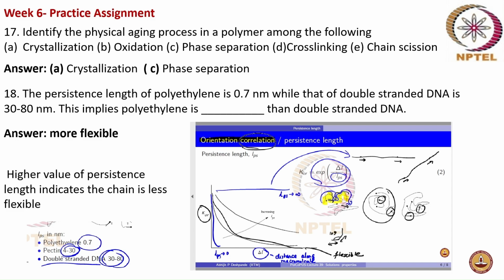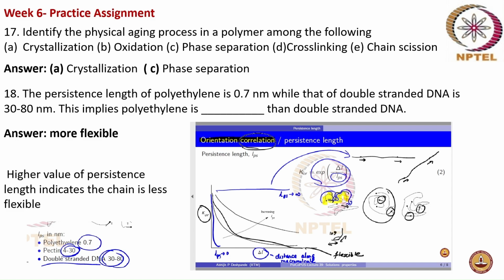Now you got it. You're clear now? Perfectly clear, right? That means it says how flexible the chain is. The persistent length is small, very small. That means the chain can bend and flex.